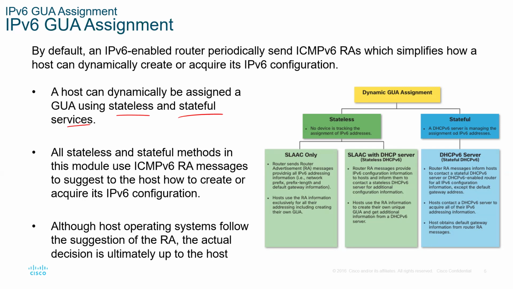All stateless and stateful methods in this module use RA messages to suggest how to create or acquire its IPv6 configuration. Although host operating systems follow the suggestions of the RA, the actual decision is up to the host.